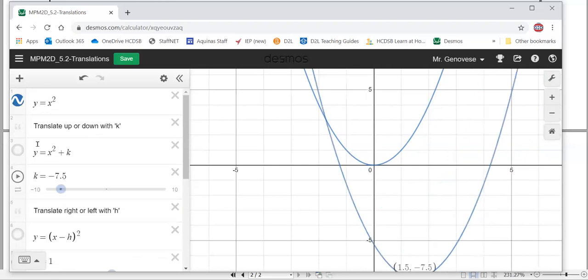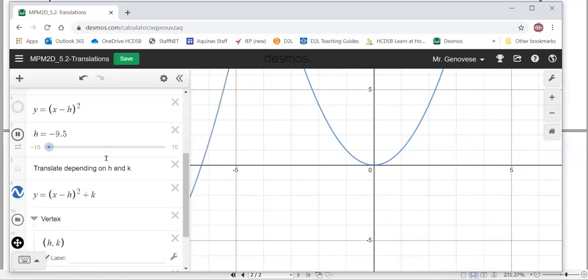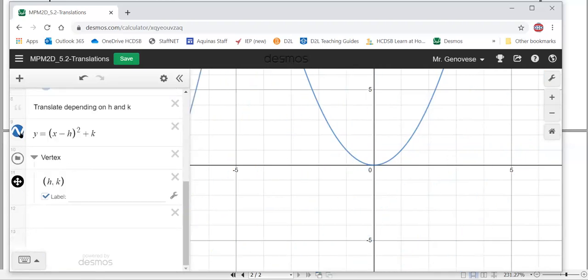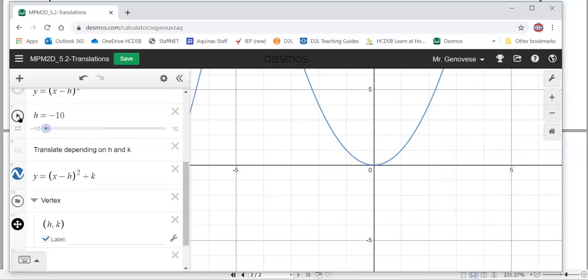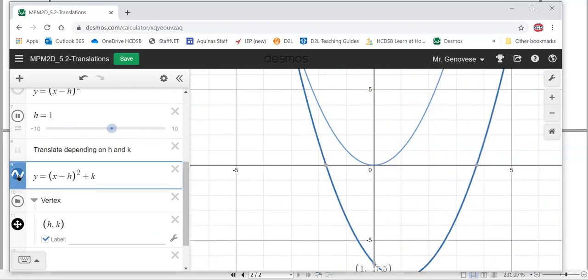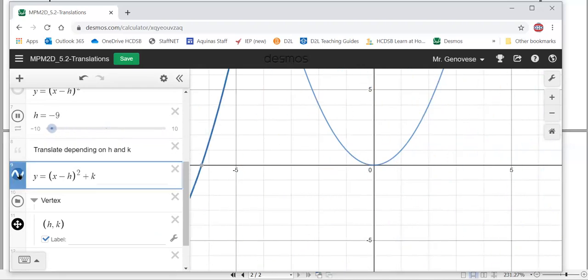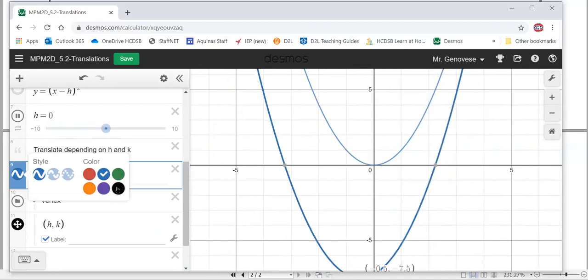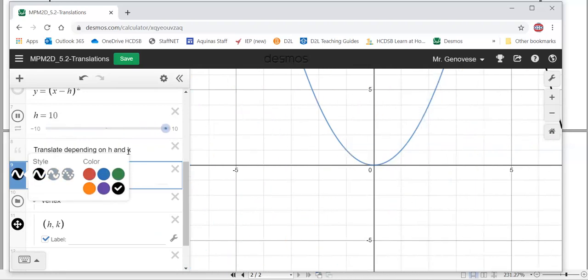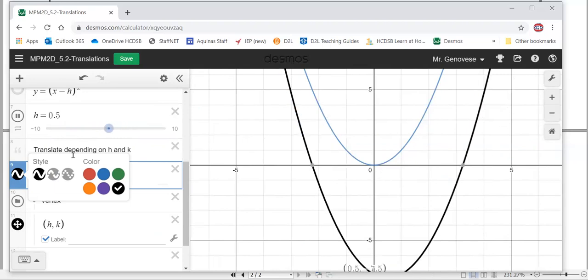Okay, we're going to pause these. Don't really need those going. The graph that's moving around, I'm going to change the color of it. Let's go black. There we go. This one's just bouncing around based on the h value changing.